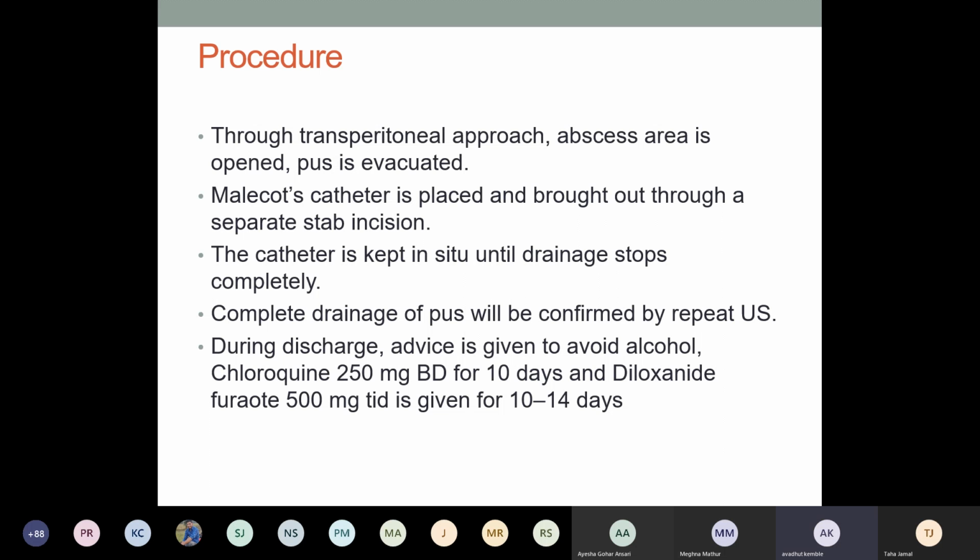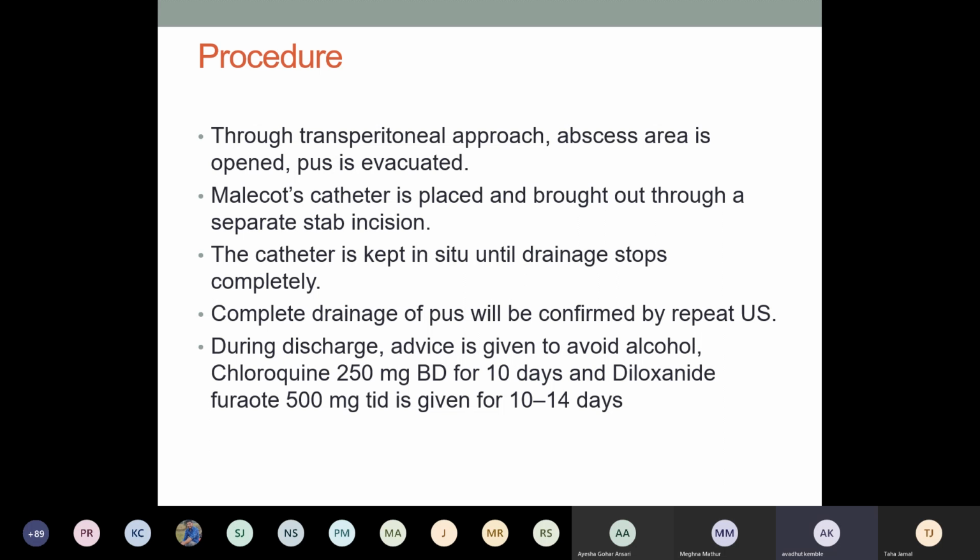After all the precautions and under suitable anesthesia, through a transperitoneal approach, the abscess area is opened and pus is evacuated. A big Malecot catheter is placed and brought out through a separate stab incision, and the catheter is kept in situ until the drainage stops completely.